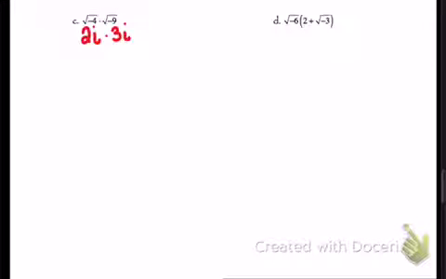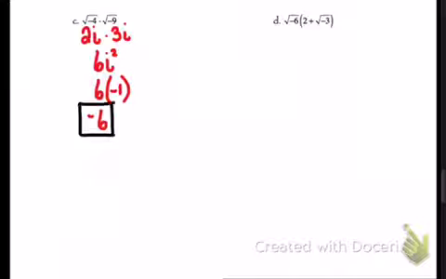If I multiply the two of those together, think 2 times 3, i times i, you should get 6i squared. Well, you should notice i squared is equivalent to negative 1. When you multiply those, your answer should be negative 6. So always make your negative square roots positive first, and then simplify from there.